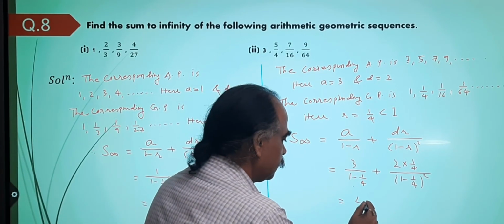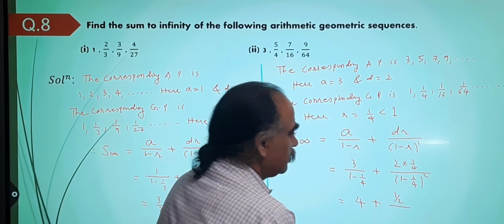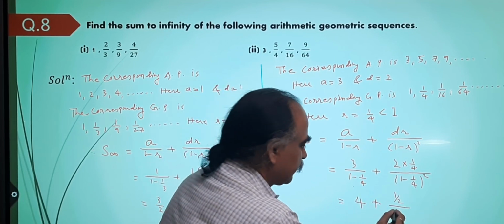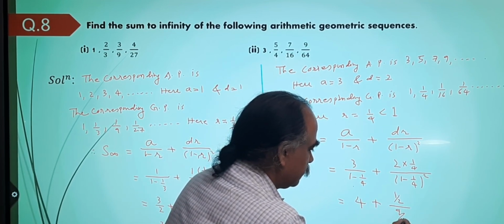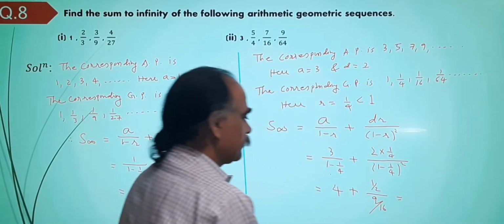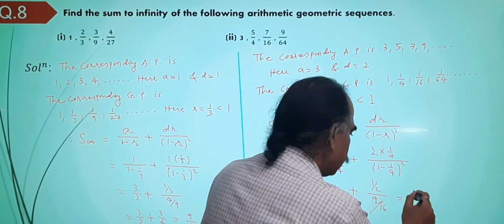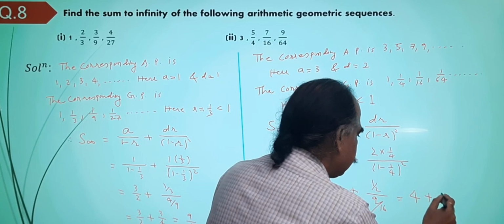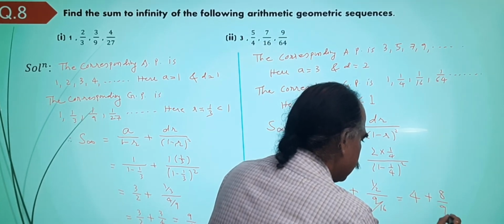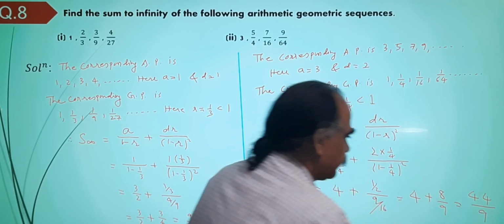So we'll get 4 plus 1/2 upon 3/4 square, so 9/16, will give you 8 will go up. So 4 plus 8/9 will be 44/9.